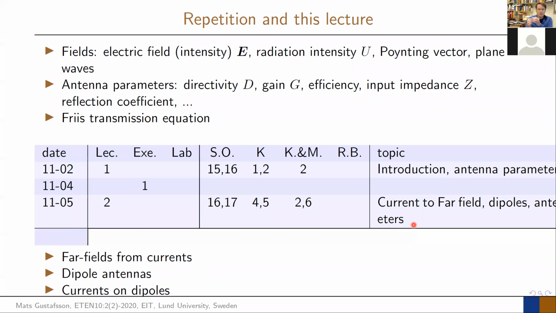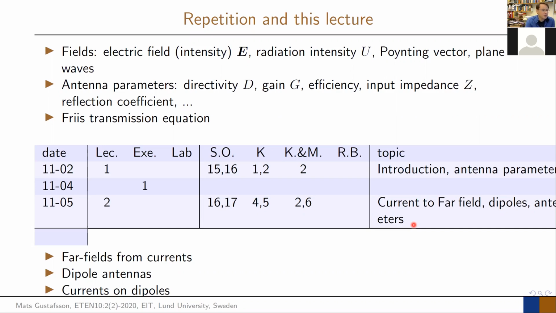The way of doing this is to say that there are currents flowing on this dipole, and the movement of those currents, that is charges that are accelerated forward and back, causes this electric field to radiate. So the currents are really the source of the radiated field. That means that we will say that there is a current or current density on the structure, and we will determine the radiated field.